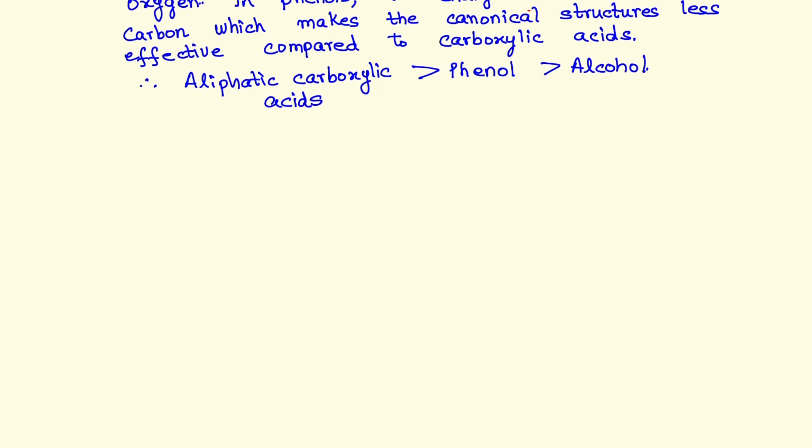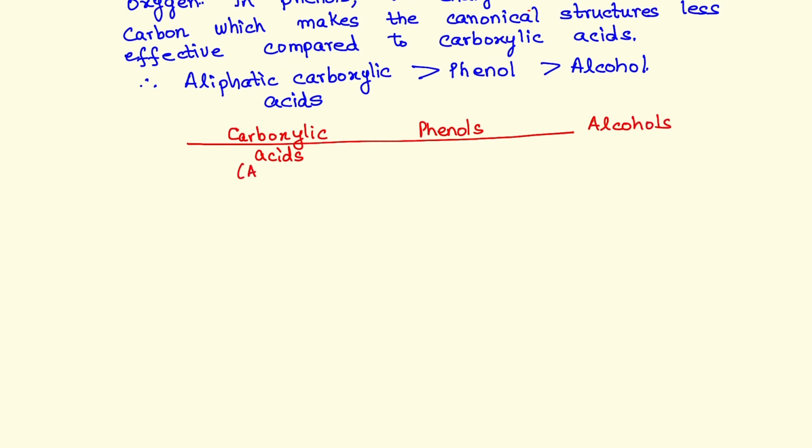Now, something interesting for you to do would be to tabulate. Make 3 columns: carboxylic acids, phenols and alcohols. And of course, we are still limiting ourselves to the aliphatic carboxylic acids.